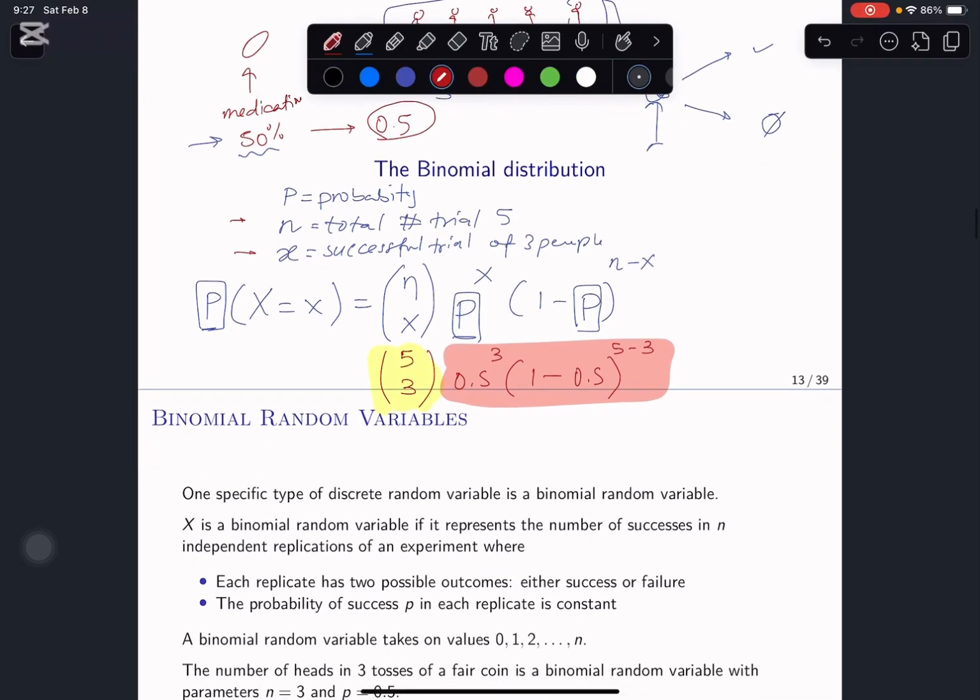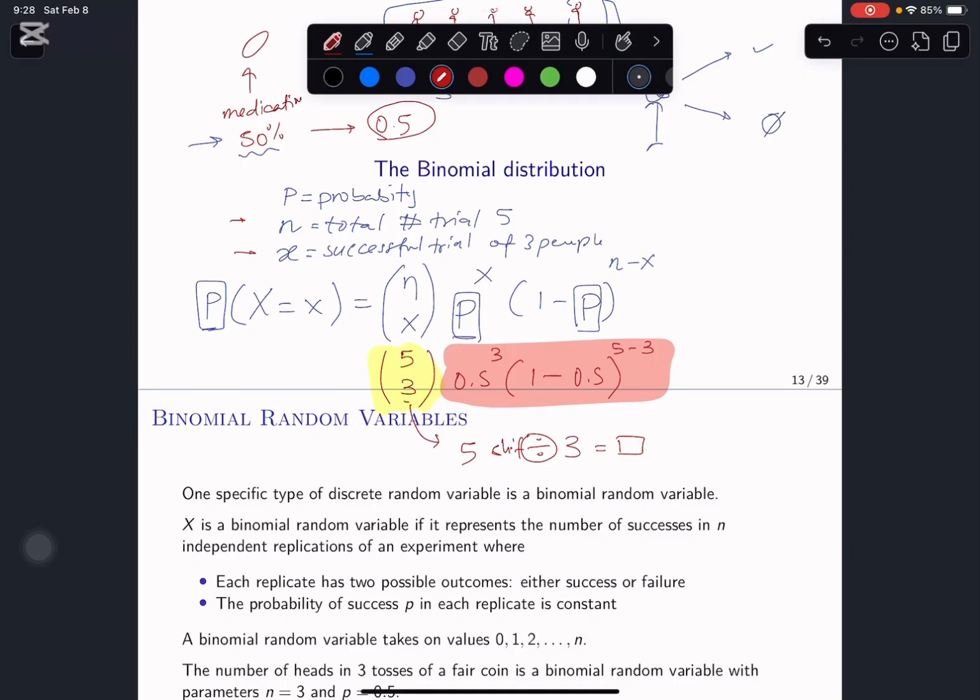If you're going to use the calculator, type 5 and then press shift division. Above the division button it's written nCr, n combination, or something like that. Press that and then press 3 next to it, which will give you a number.